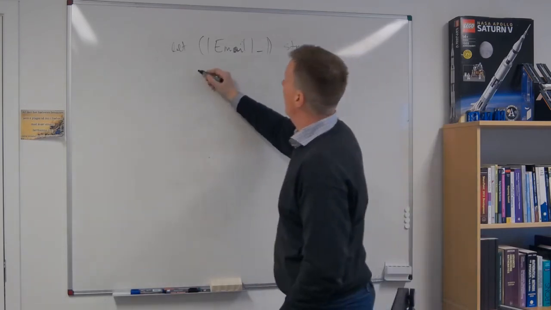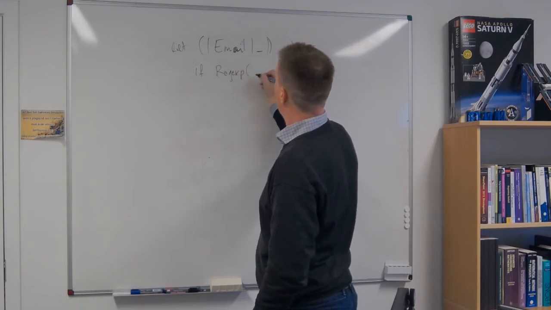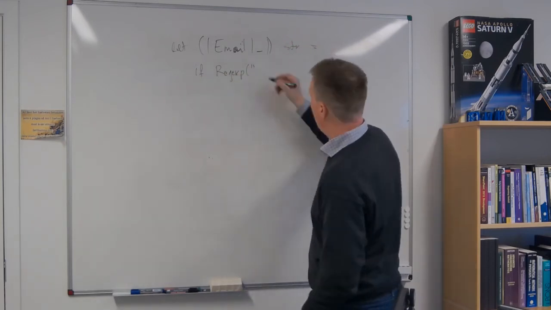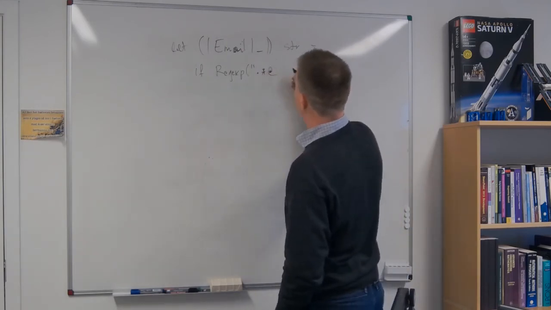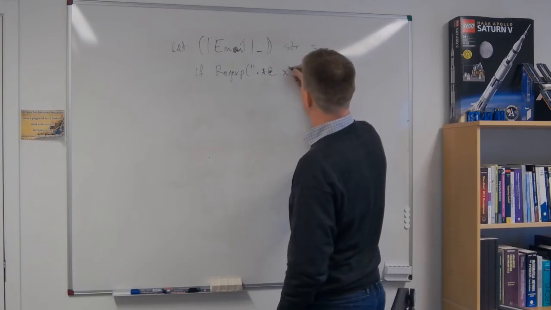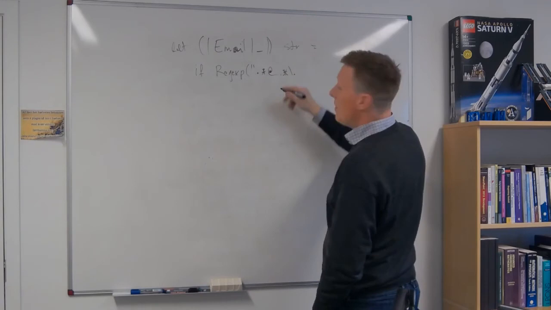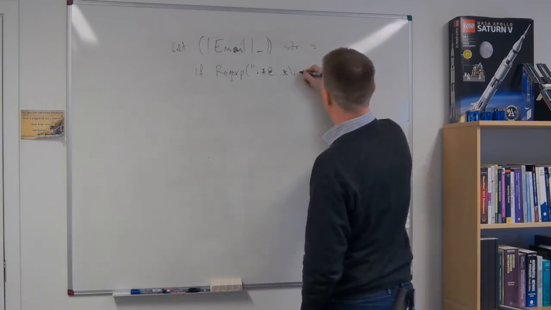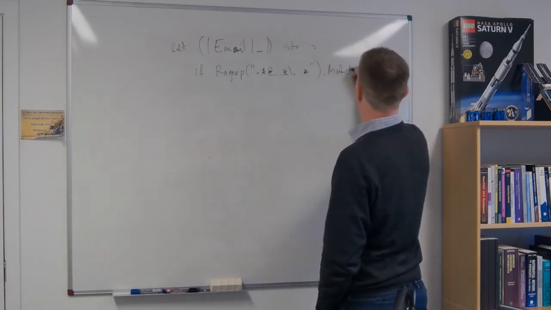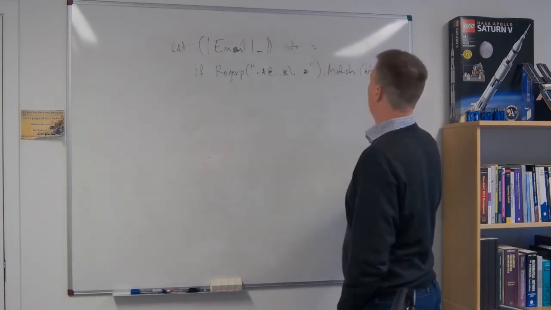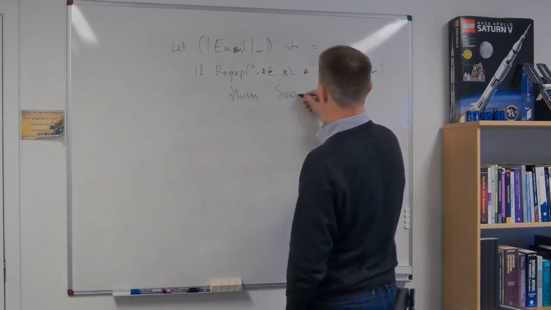So now I could say, well, okay, if regexp, and then we need to give it a regular expression, would be something dot star, this is really gung-ho email, dot star at dot star, forced, so we demand that it has at least one dot in it, dot star, match, then some, and so on.